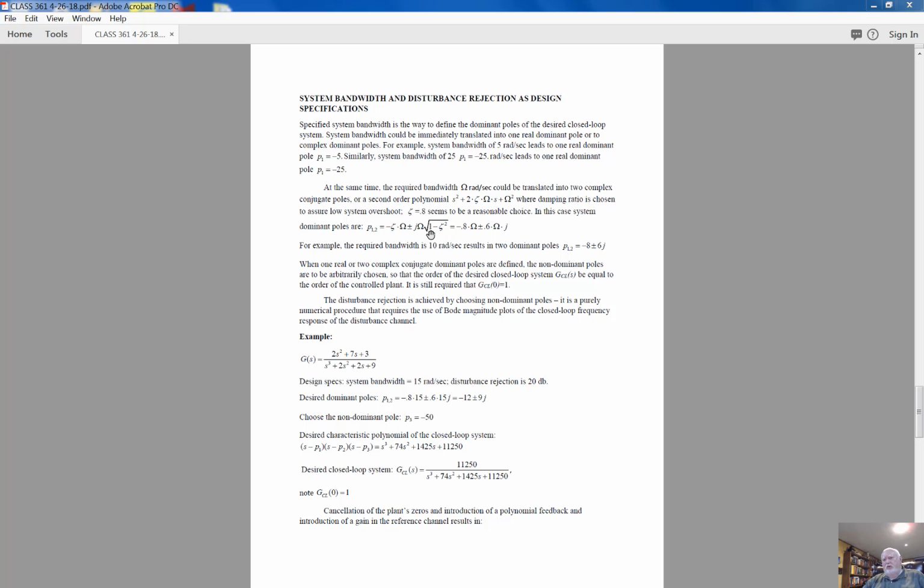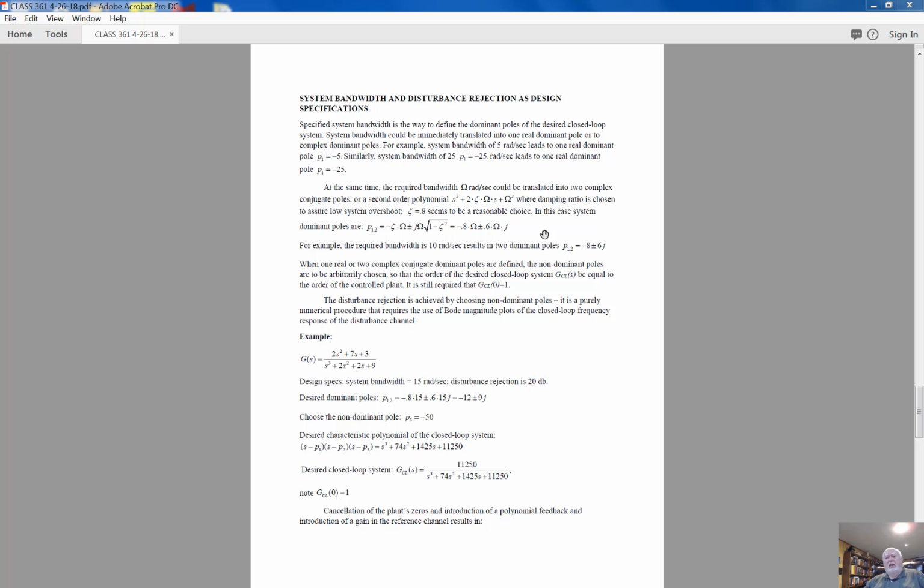And if you go further with these very unsophisticated derivations, you will see that with bandwidth equal to omega, you have to have two complex conjugate dominant poles. The real part is equal to minus 0.8 times omega, plus minus 0.6 times omega times j, two complex conjugate poles.